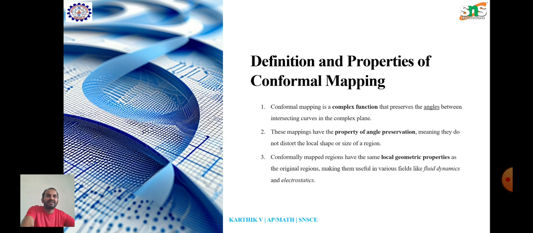Conformal mappings are closely related to holomorphic functions. Local properties. Conformal mappings preserve not only angles but also other local geometric properties such as shape and size of small regions. Conformal invariance. Conformal mappings are invariant under conformal transformation.